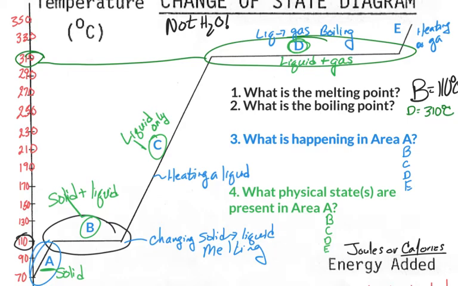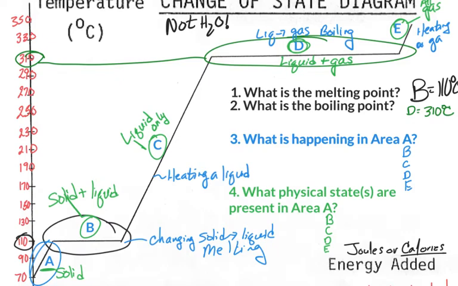So it depends on what you start with, of course. But in this case, area D is going to be having a liquid and a gas. And again, we're going to have mostly liquid at the start of this line. And as we go across, we're going to get more and more gas until we get to area E, which is all 100% gas.